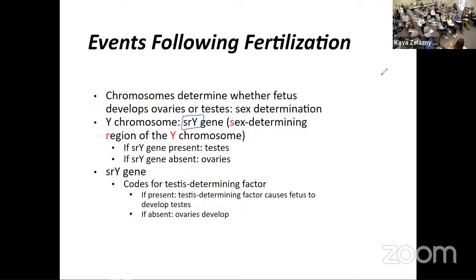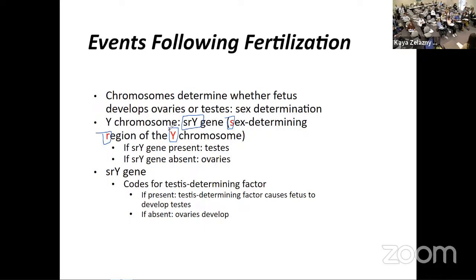I won't get into too many details, but this can cause men to be more predisposed to certain diseases because they don't have a second copy of a lot of genes. But the SRY gene is one of the important ones on this little chromosome. It's called the SRY gene because it is the sex determining region of the Y chromosome. Very creative naming convention here.